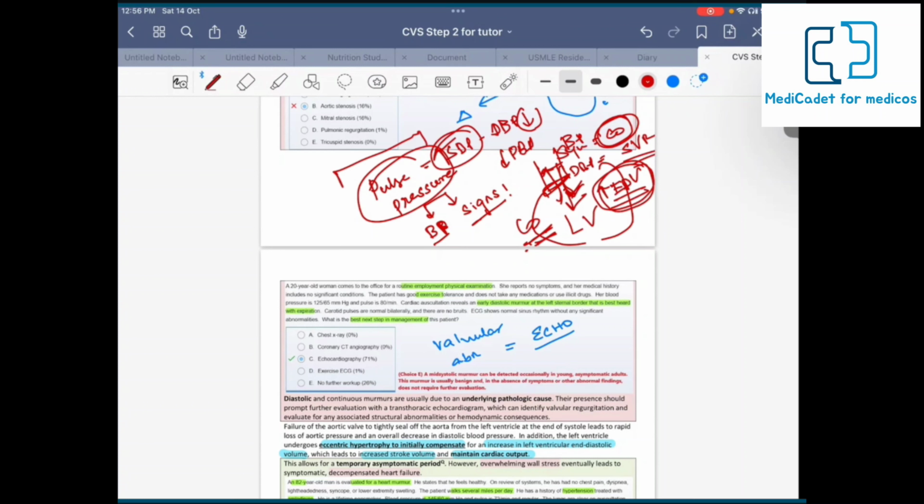And how do you see this increase in the pulse pressure? You can see it through some signs. What are those signs? The head bobbing sign. Remember, the pressure is dropping and rising, dropping, rising. It's going to create a vibration in the body, and the region where you will see this vibration will be the head. So they will have a bobbing head sign, or you can see this vibration in the peripheral pulses.